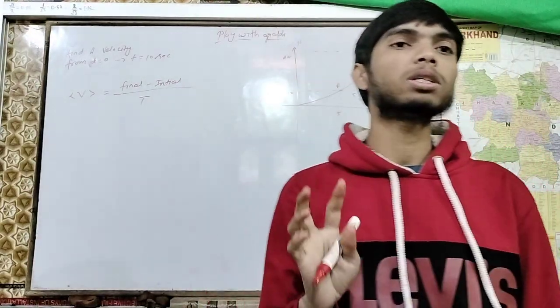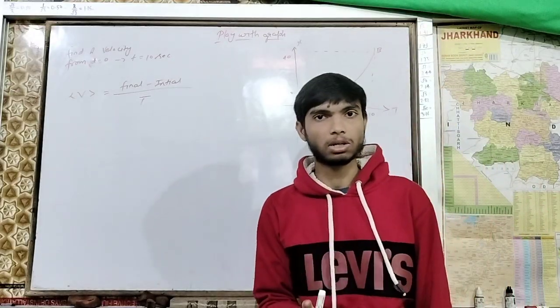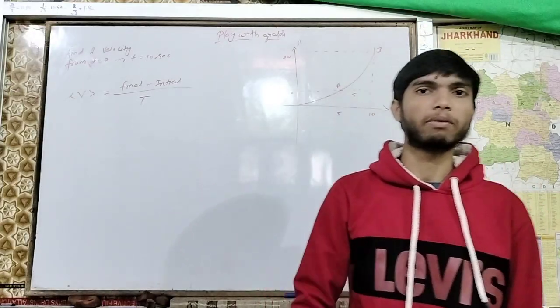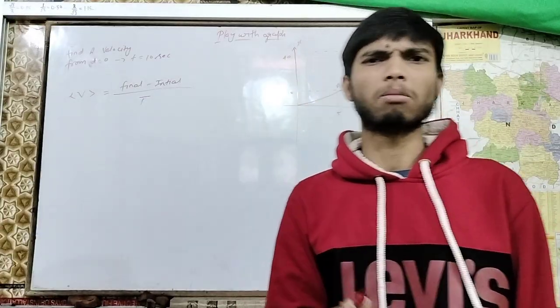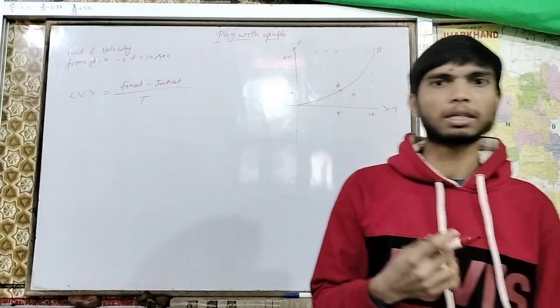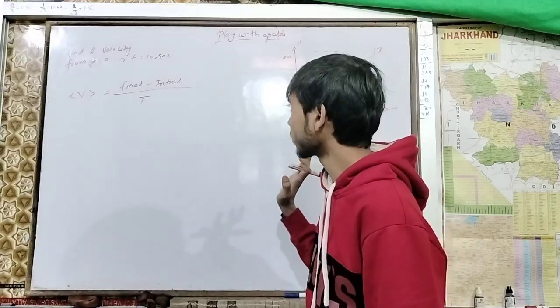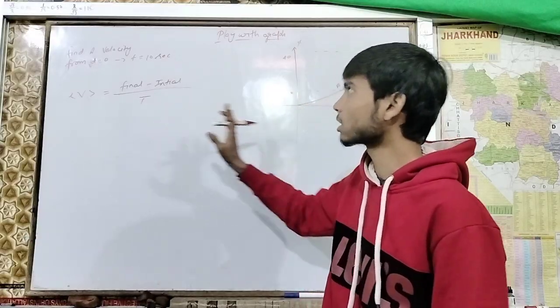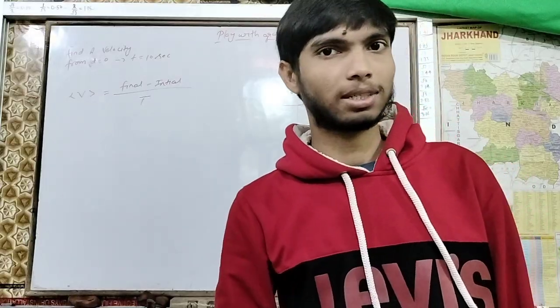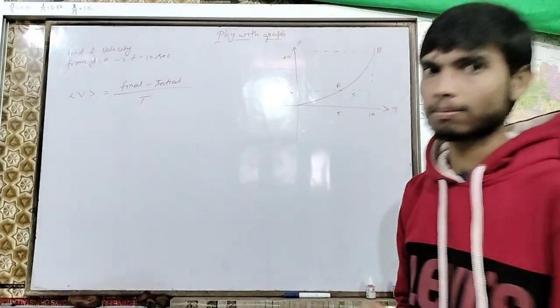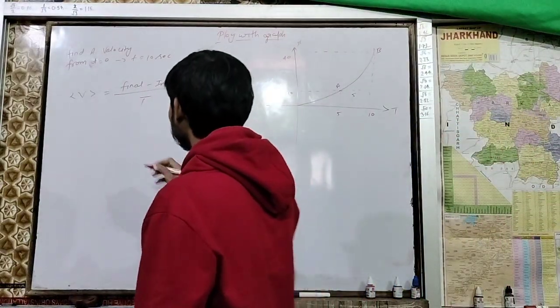But when it comes to instantaneous velocity, as I told you, the formula will be different. The formula is dx upon dt is equal to velocity. But here, average velocity is equal to final minus initial upon t. Average means total.